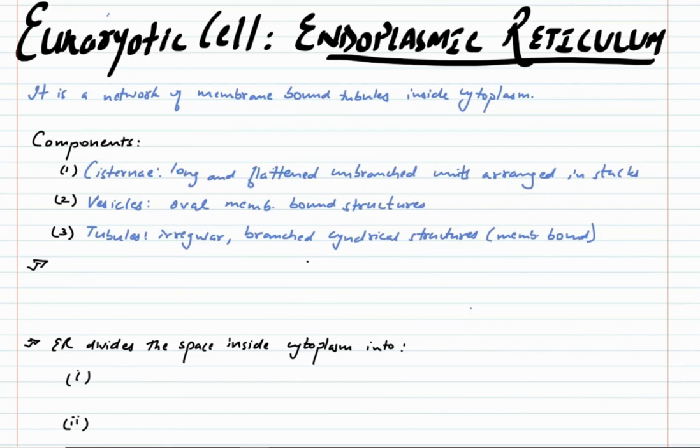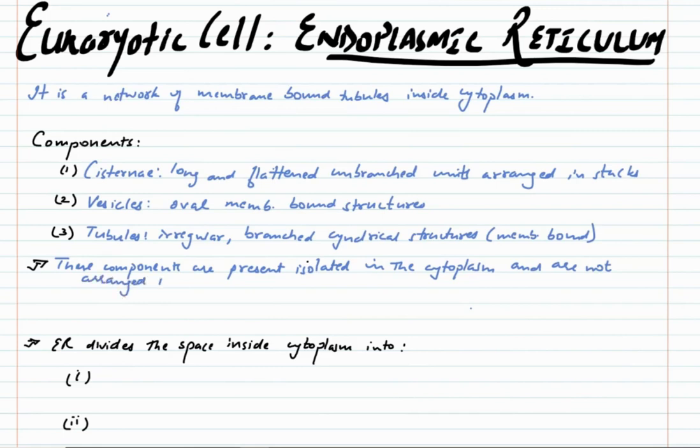The difference between endoplasmic reticulum and Golgi body is that these components are present isolated in the cytoplasm and are not arranged in form of a complex.